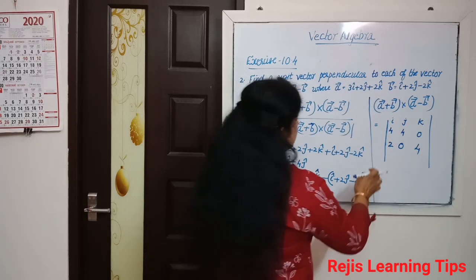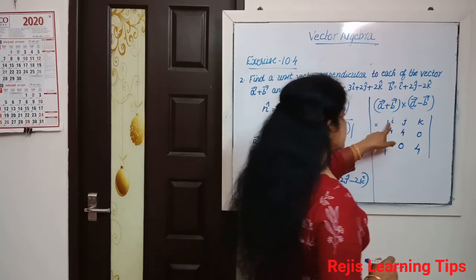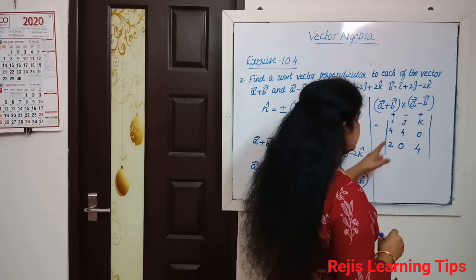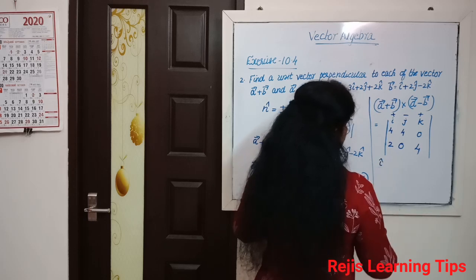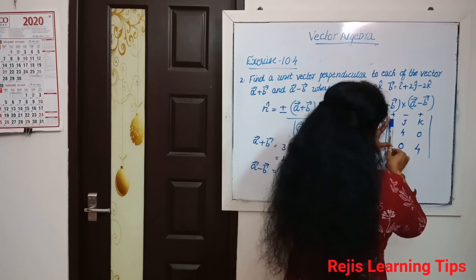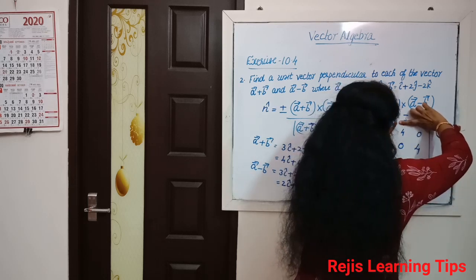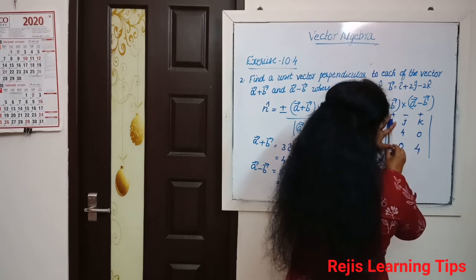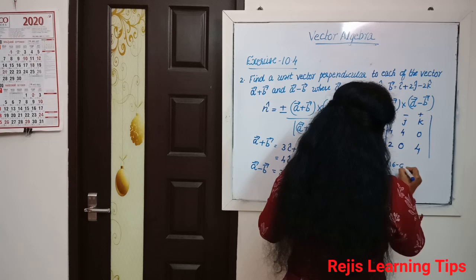Okay, then we have already studied that this is positive, this is negative and this is positive. First we should take i cap, we should eliminate this column and this row. Then we have 4, 0, 0, 4. Then 4 into 4 is 16 minus 0.